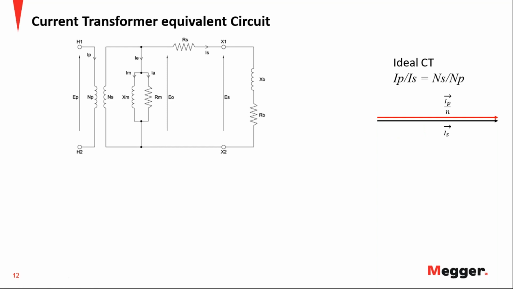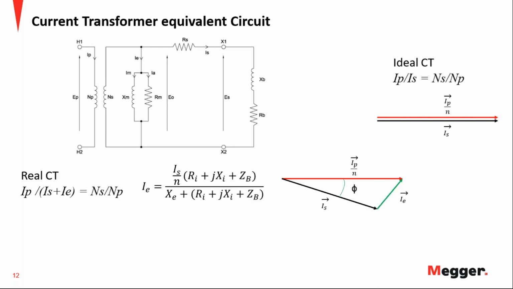So it will be the same, a proportional magnitude, and it will be with no phase deviation. They will be in perfect phase, in perfect alignment from one side to the other. Now, there are no ideal CTs or voltage transformers. I'm talking about here a current transformer, but this same concept applies for voltage transformers.